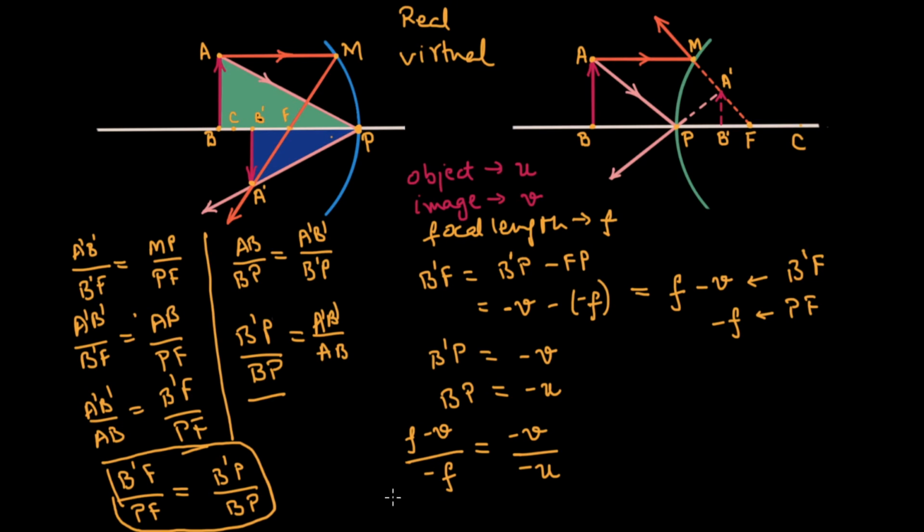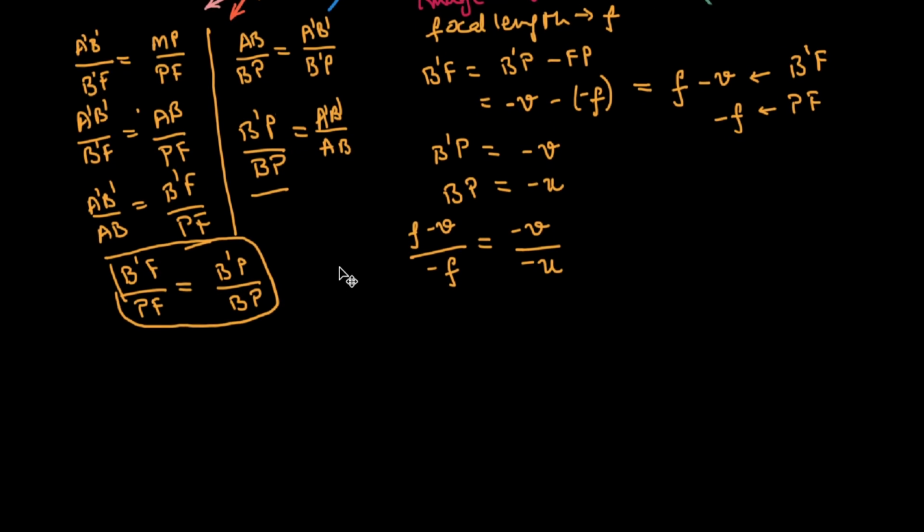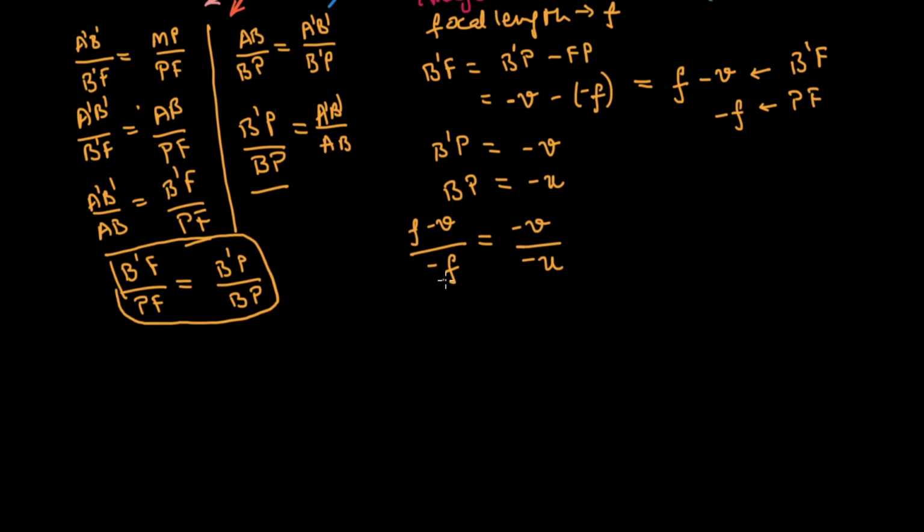Now let's simplify this relationship. We have F minus V, and I'm going to write it as V minus F divided by F, so I've got the negative sign taken care of, equal to V over U. The two negatives cancel out.